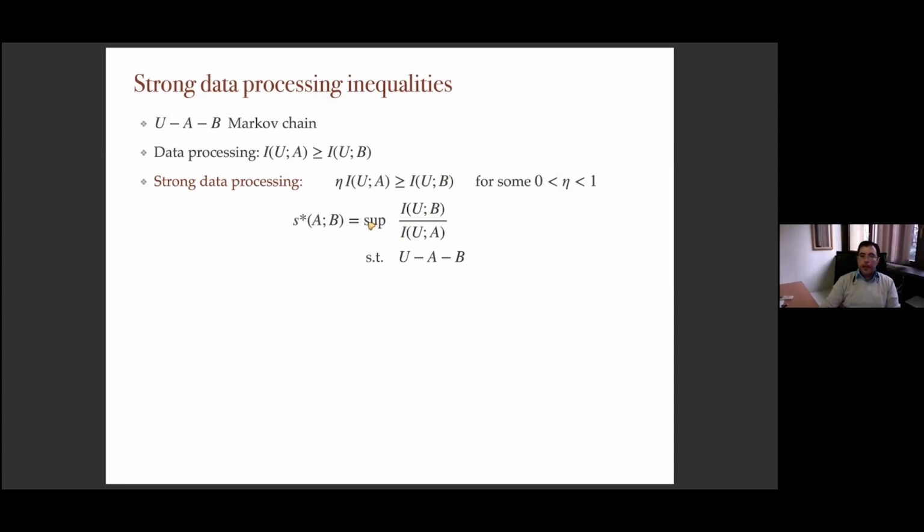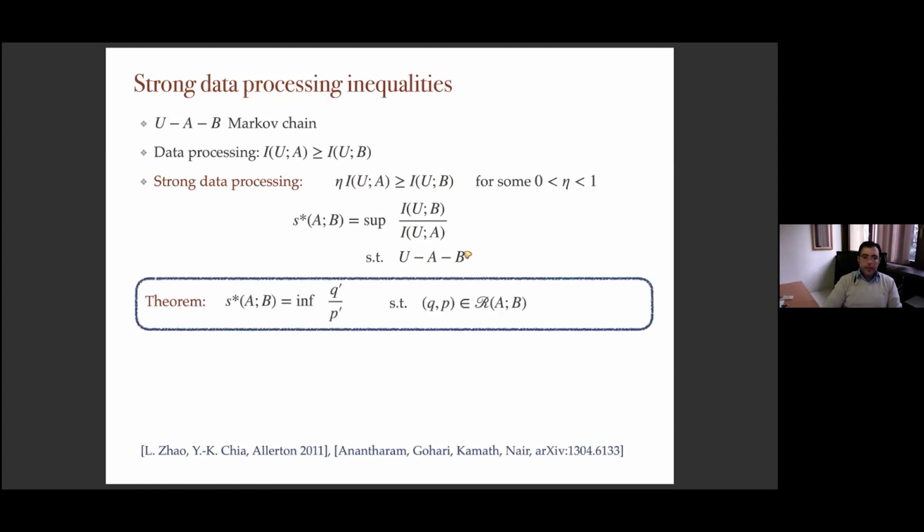And I'm taking the supremum over all choices of U for which we have this Markov chain condition. Now, the interesting fact is that this strong data processing constant, S star, can be characterized in terms of the hypercontractivity ribbon. It's equal to the infimum of Q prime over P prime, where Q prime and P prime are the Holder conjugates, over all choices of Q and P inside the hypercontractivity ribbon.